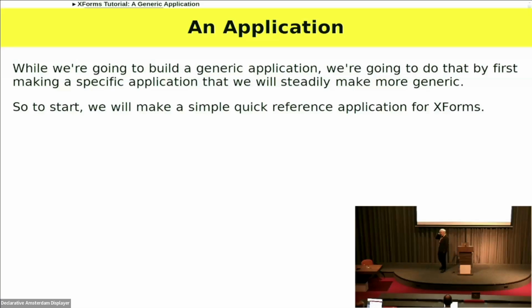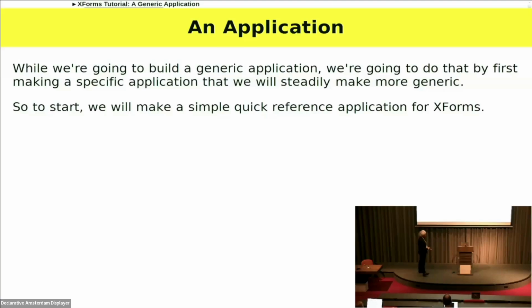So the idea behind this tutorial is that I build, of course, a lot of XForms applications, and I began to notice that even though they were very different in what they did, there was a certain structure to all of them that was very similar.